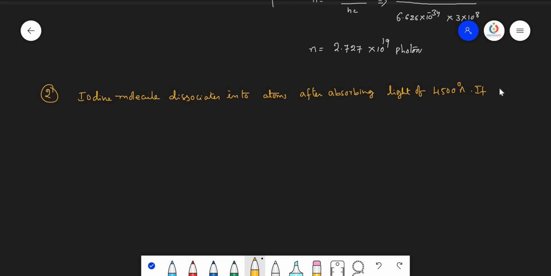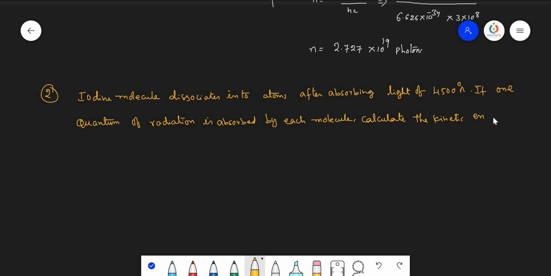If one quantum of radiation is absorbed by each molecule, calculate the kinetic energy of iodine atom.